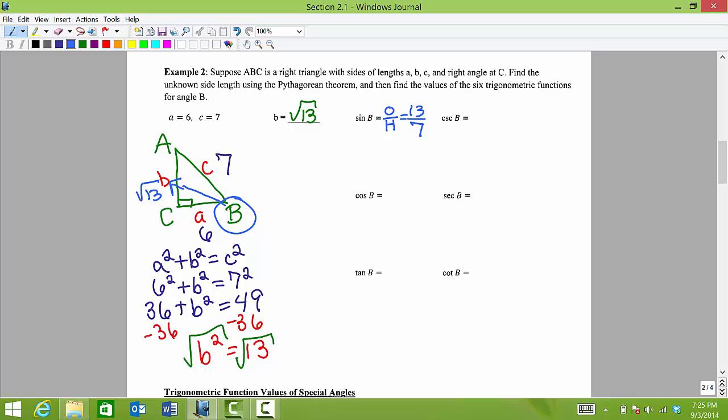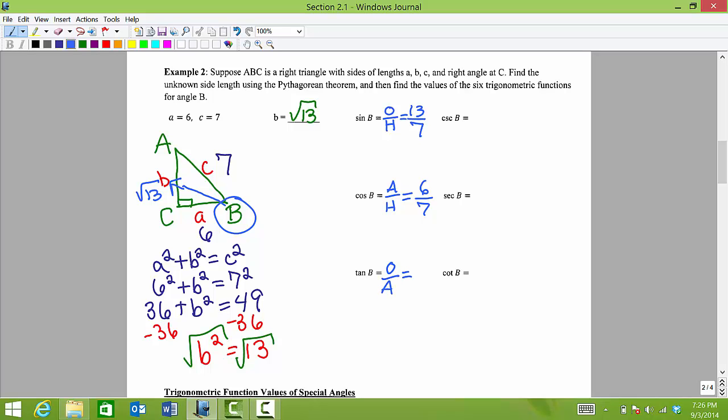For cosine of B, we want adjacent over hypotenuse. And the adjacent side would be the side that is touching B. That would be side a, which is a value of 6, divided by our hypotenuse, which is 7. And tangent would be opposite over adjacent.